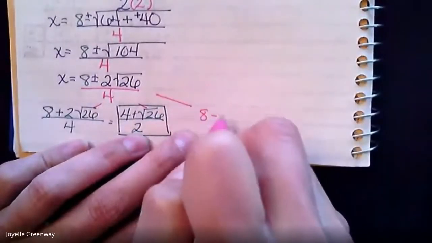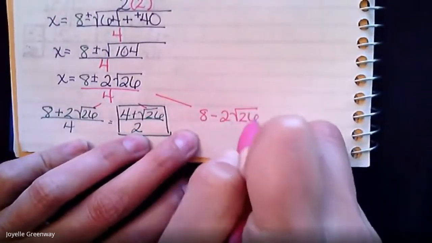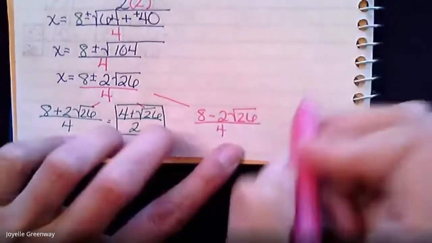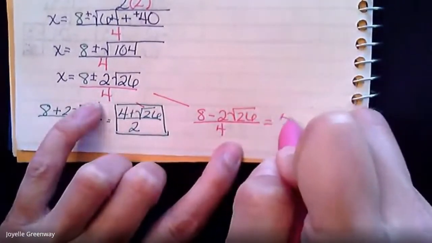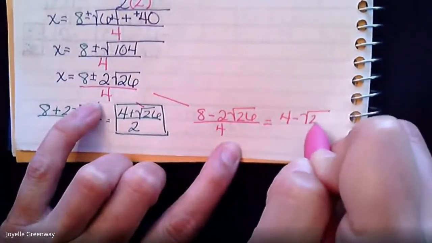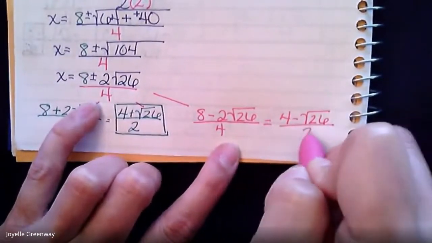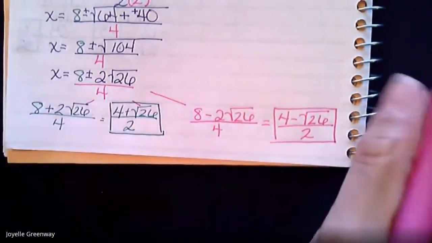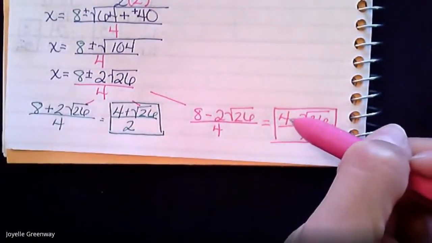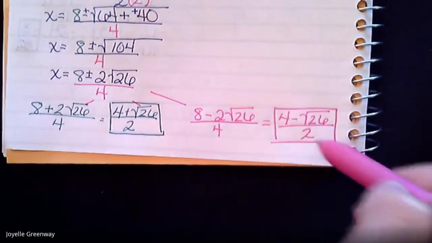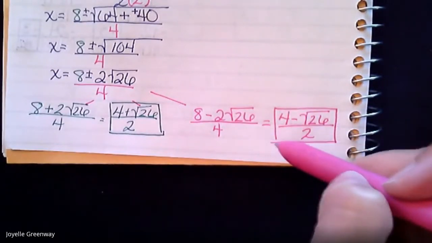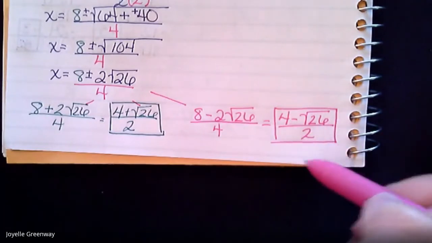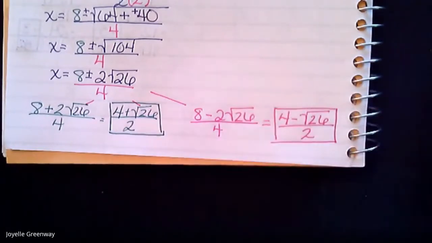We have 8 minus 2 radical 26 over 4, which then simplifies to 4 minus radical 26 over 2. So it does not matter if you write that as 2 minus radical 26 divided by 2, you can write them either way. They mean the same thing. It's just a preference. Okay?